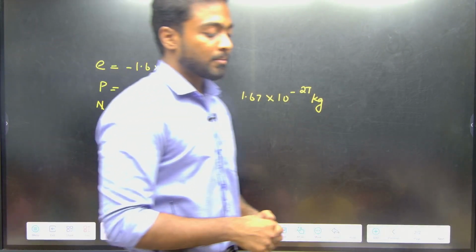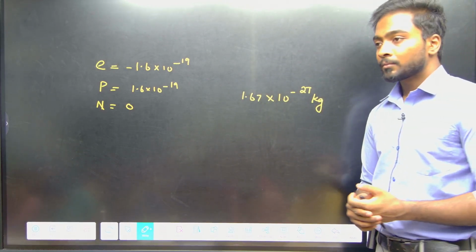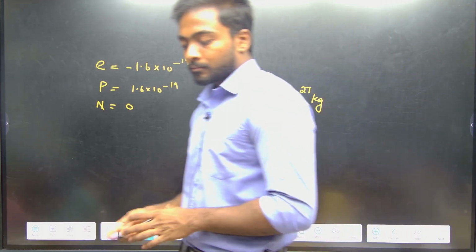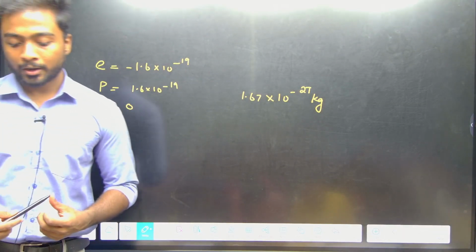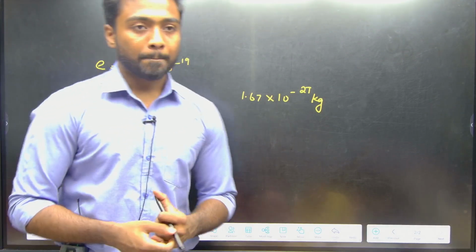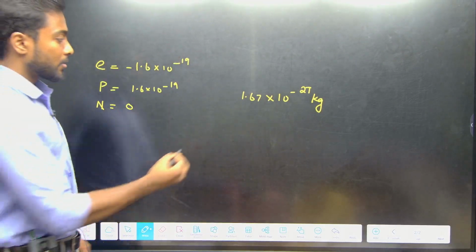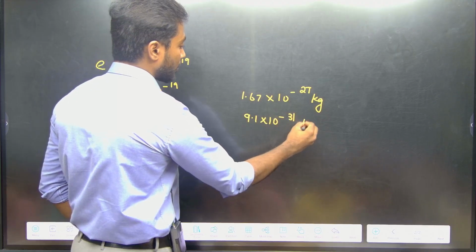The next one is mass of the electron. It is 9.1 into 10 power minus 31 kg.